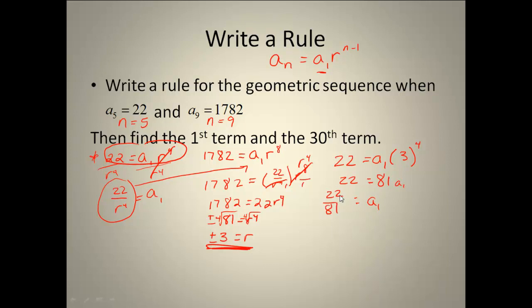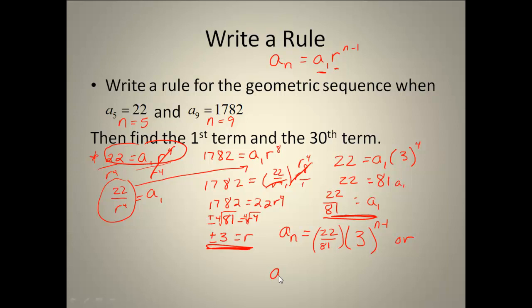Now you probably don't want to write that as a decimal, because if you actually divide that out and write it as a decimal, you're not going to have an exact answer. So just leave it as 22 over 81. Now I've found both pieces as far as numbers that I need to write my rule. So I can write my rule now as a sub n equals, I'm going to use my 22 over 81 times my r, I'm going to use the positive 3 here, raised to the n minus 1.